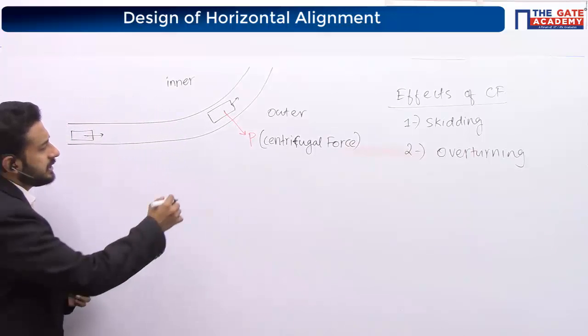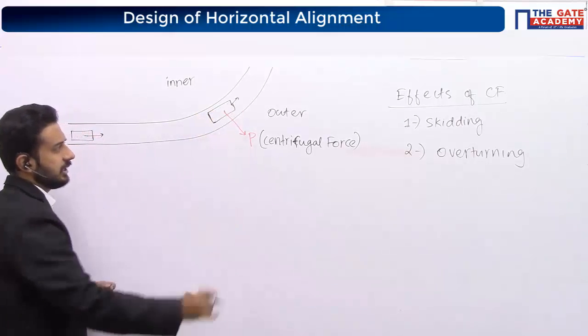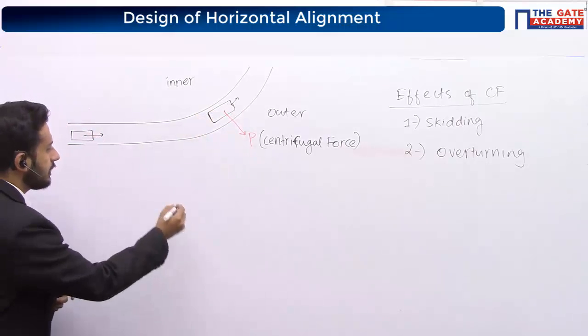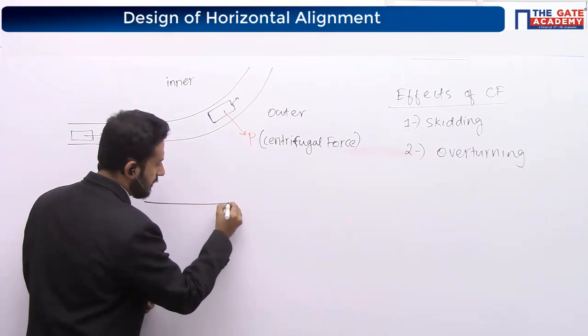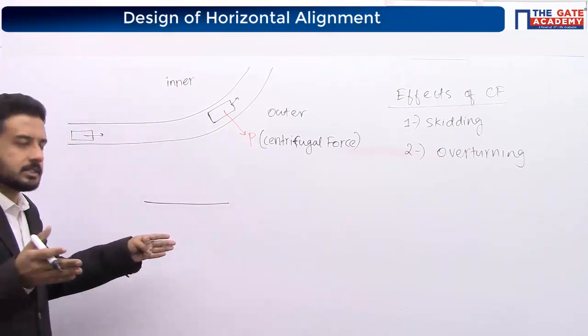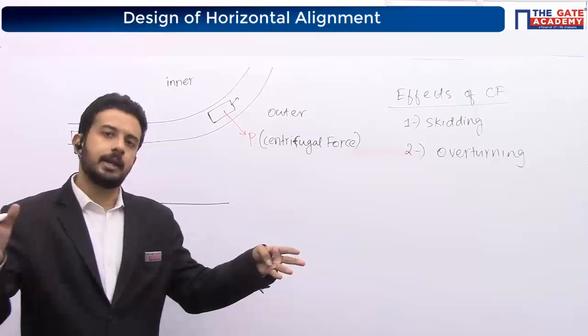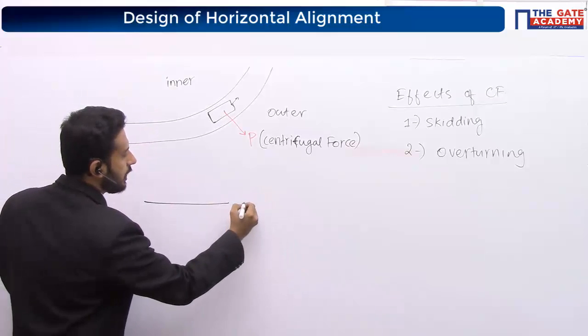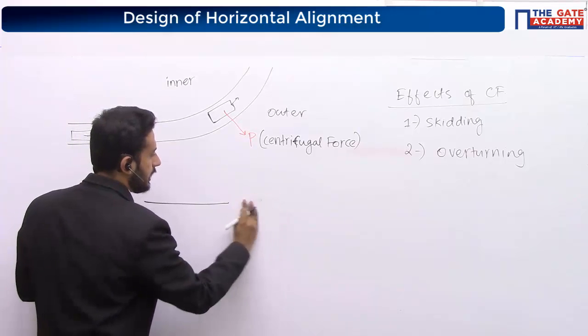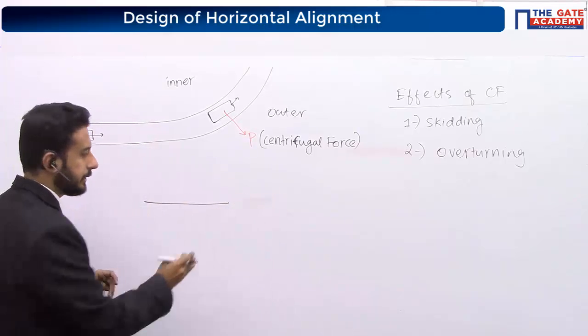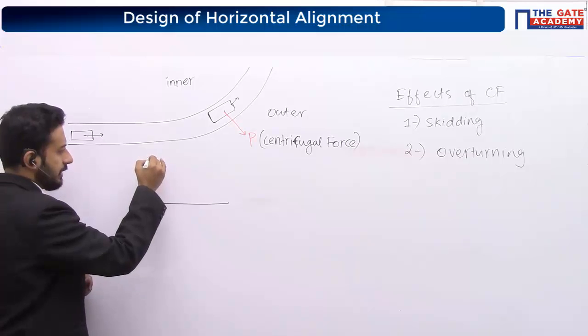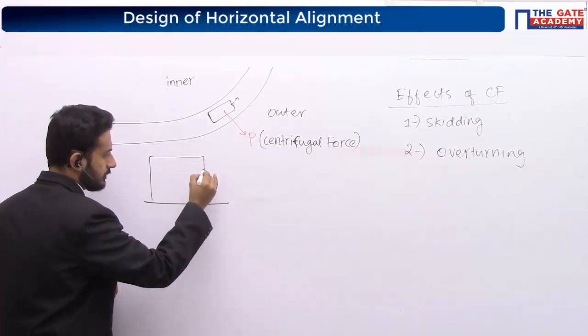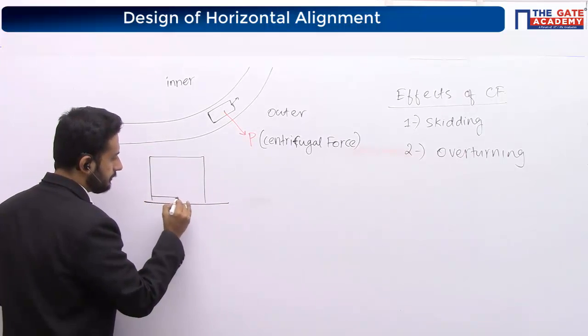Okay. So I'm just taking the cross section of this road at the curve portion. I'm simply telling this is my pavement width. If it is 1 lane, 3.75, 2 lane, 7 meter, like that. This is my pavement width. So this is the outer side of the pavement and this is the inner side of the pavement. So we are having our vehicle. Let it be the back side of the vehicle.